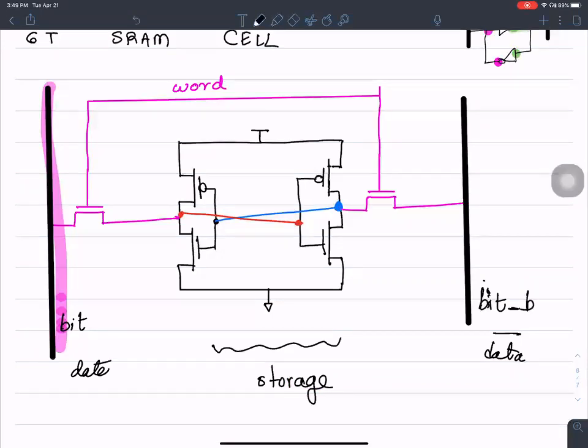The transistors are called access transistors. Just give me one second while I get the naming exactly right.